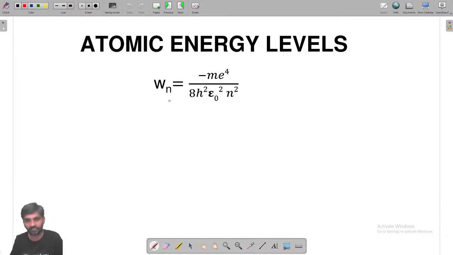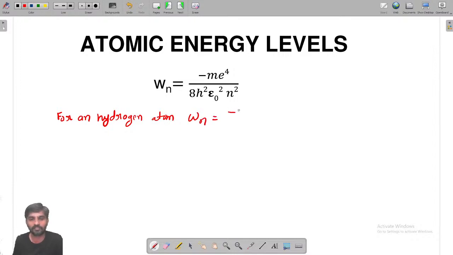So what we got exactly is, for a hydrogen atom, Wn, as we discussed yesterday also, is nothing but minus 13.6 by n square, where n is the orbit number, either orbit 1, orbit 2, orbit 3, as electron may be moving in different orbits.